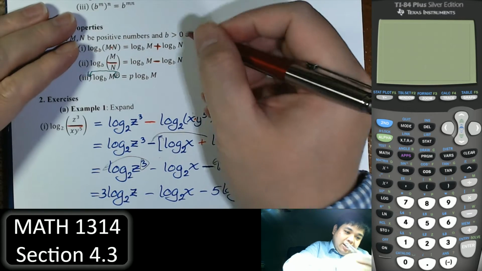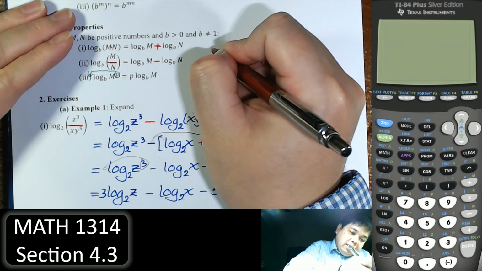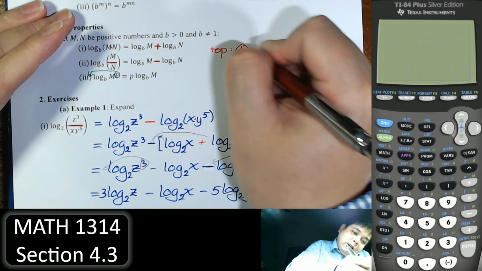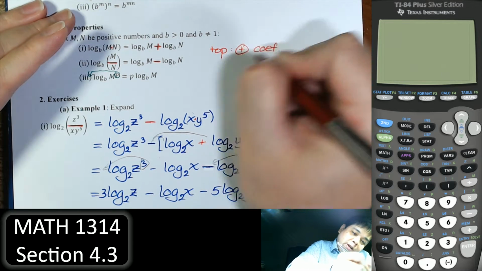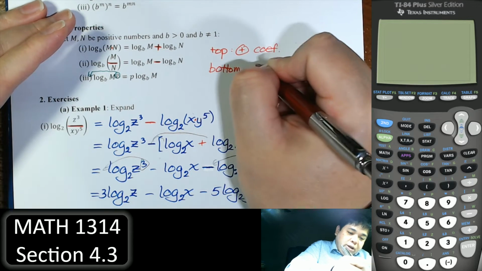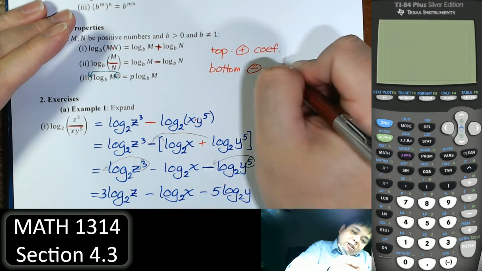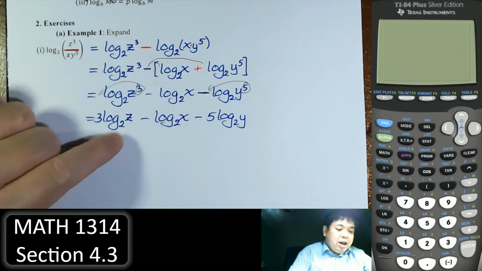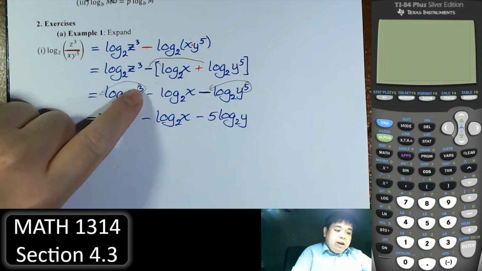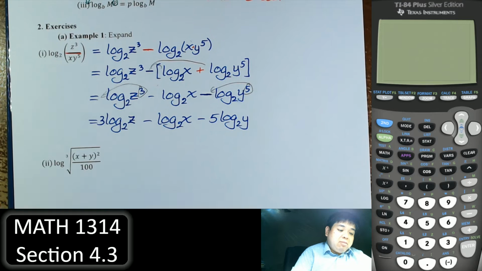So if we have anything on the top, we have positive coefficient. If we have terms at the bottom of the log, it will be negative coefficient. Right, that helps. Right, notice that, and last step we can check the number outside.